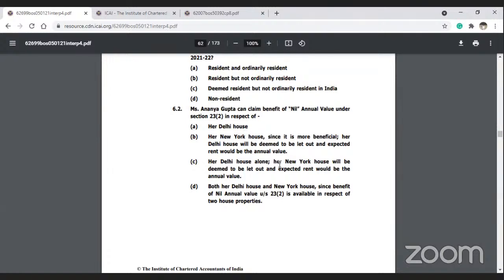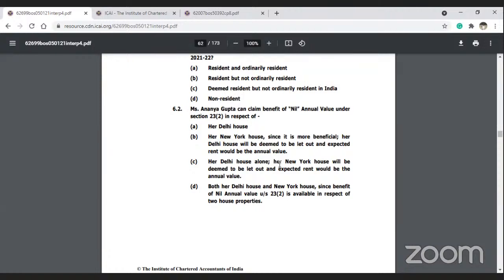Yes, but she is an NR, so she cannot claim it. Only Indian property will be allowed. The New York property will not come in HP. She is a non-resident and the New York property is a foreign property. For NR and foreign property, she can do anything abroad; there is no connection with India.